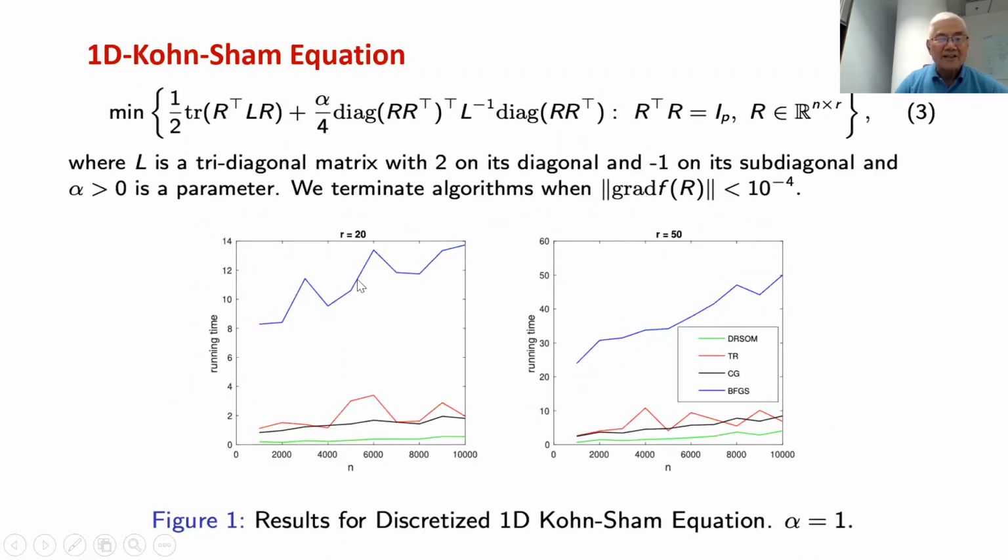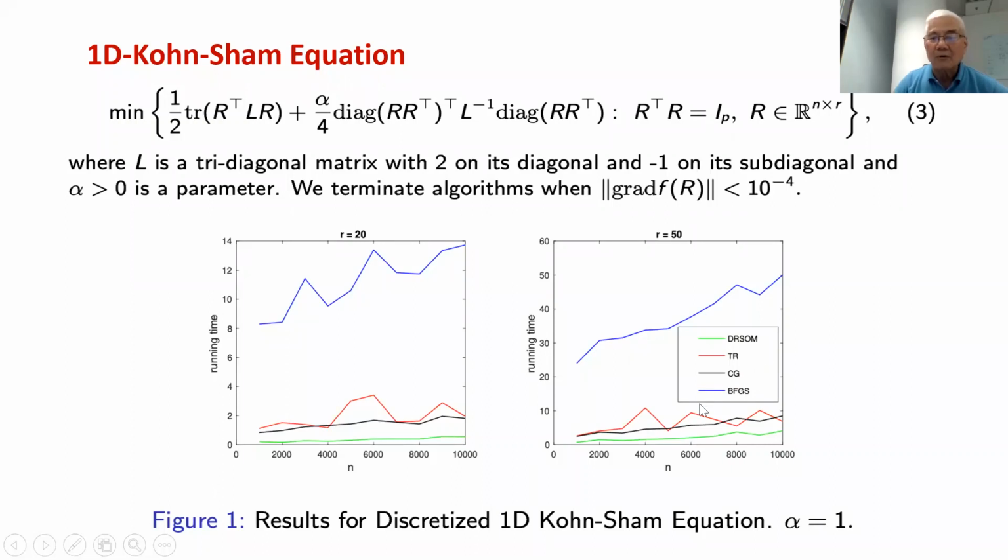This is what they found out. This is the running time for the original full dimensional trust region, then projection. The blue line is BFGS, which generates the next point and then projects.